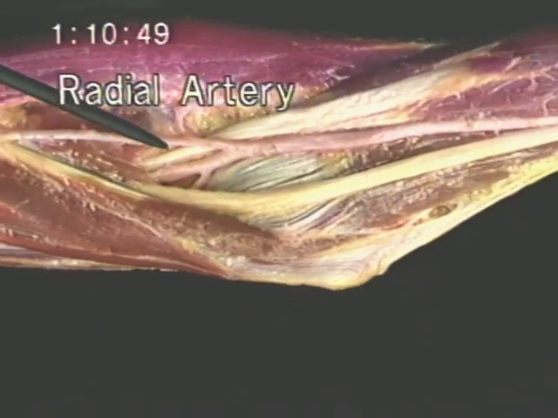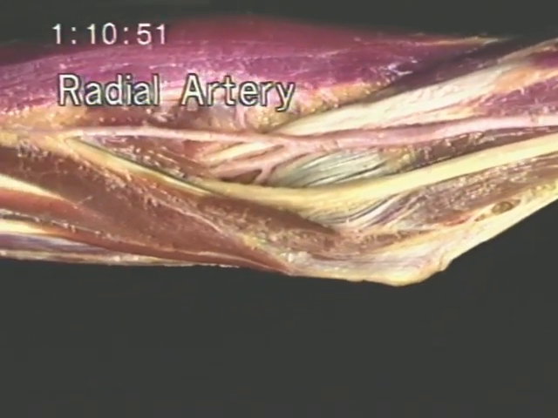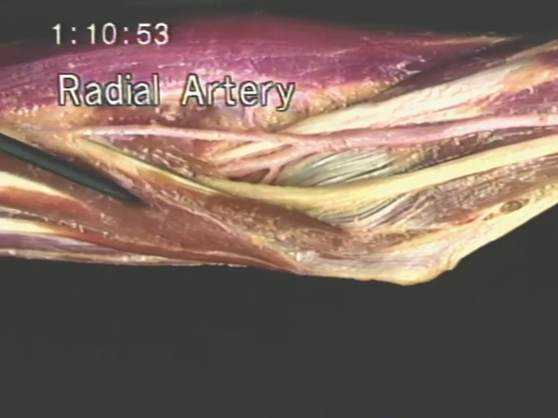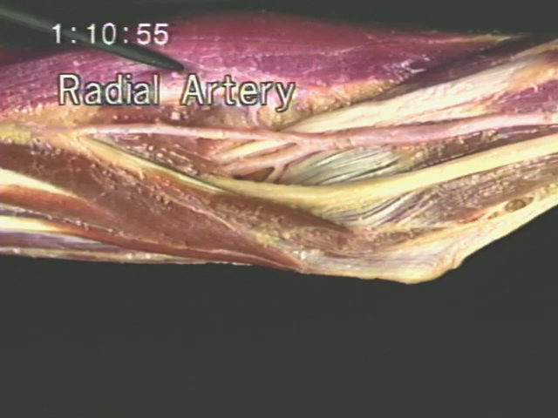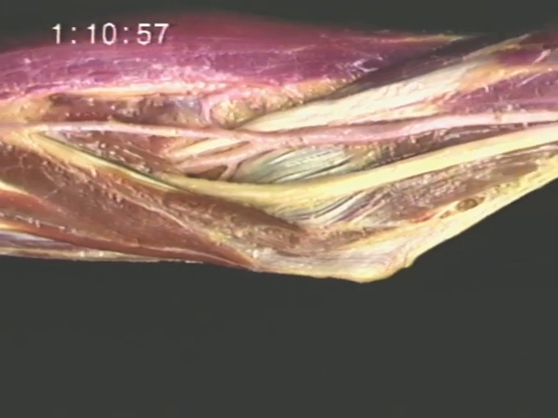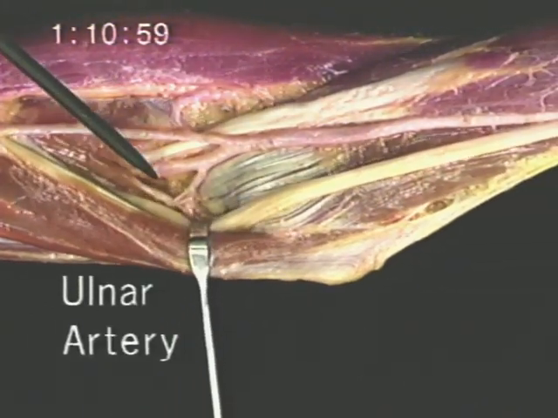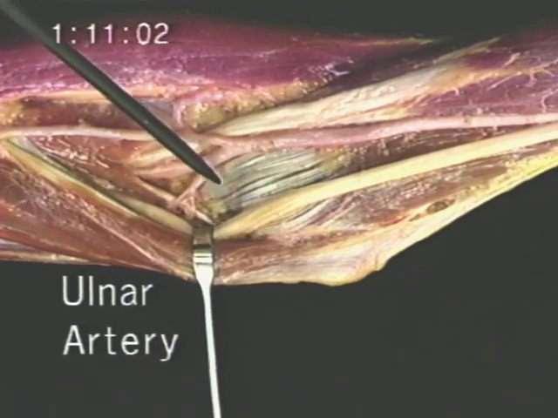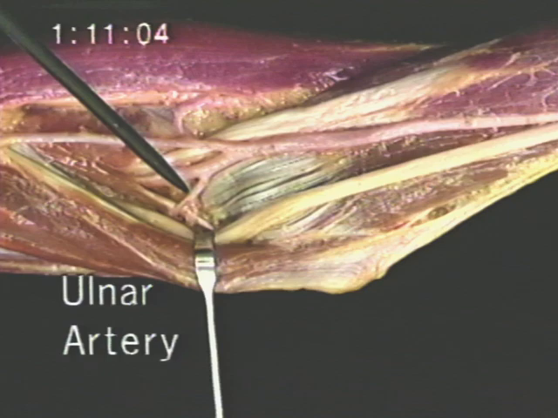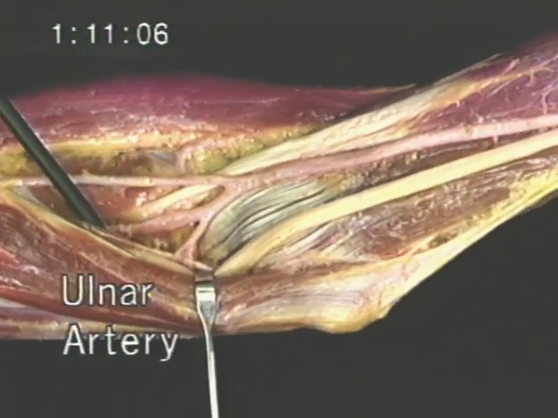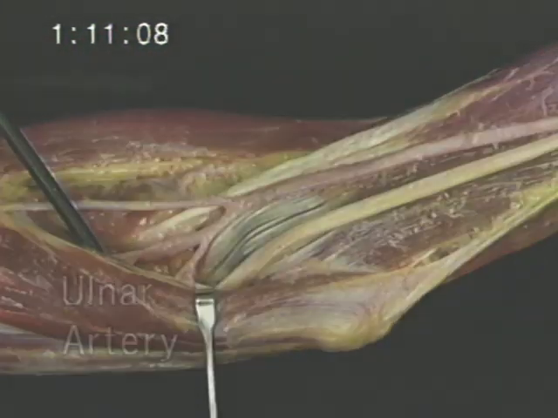The radial artery stays quite superficial. It runs down the forearm between pronator teres and brachioradialis. The ulnar artery has a much deeper course. It dives down alongside the brachialis tendon and passes deep to pronator teres. We'll leave the arteries there. We'll see their further course in the next section.